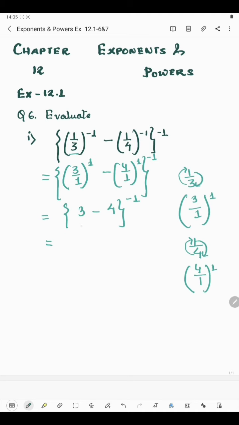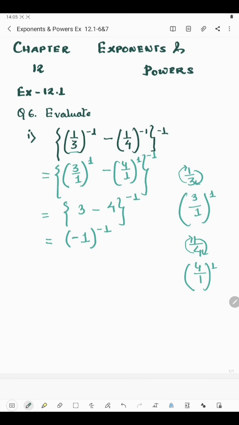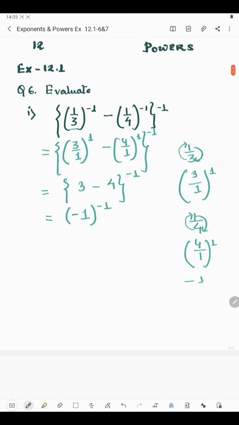Now 3 minus 4 is minus, so 4 minus 3 is 1, and the sign of 4 is greater, so we will write minus 1. So (-1)^(-1). Now we will make the exponent positive. So minus 1 means minus 1 by 1. When you write the reciprocal of this, then 1 will go up and minus 1 will come down.